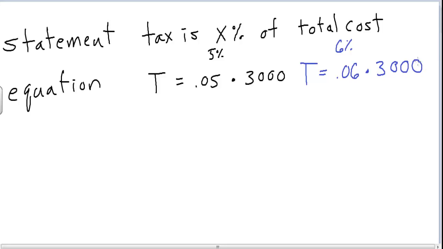So I'm comparing my two individual sales tax amounts to see which is a better deal. So in the first one, I'll say 0.05 times 3,000, and that gives me $150 in sales tax before 2008. After 2008, say 0.06 times 3,000 gives me $180.